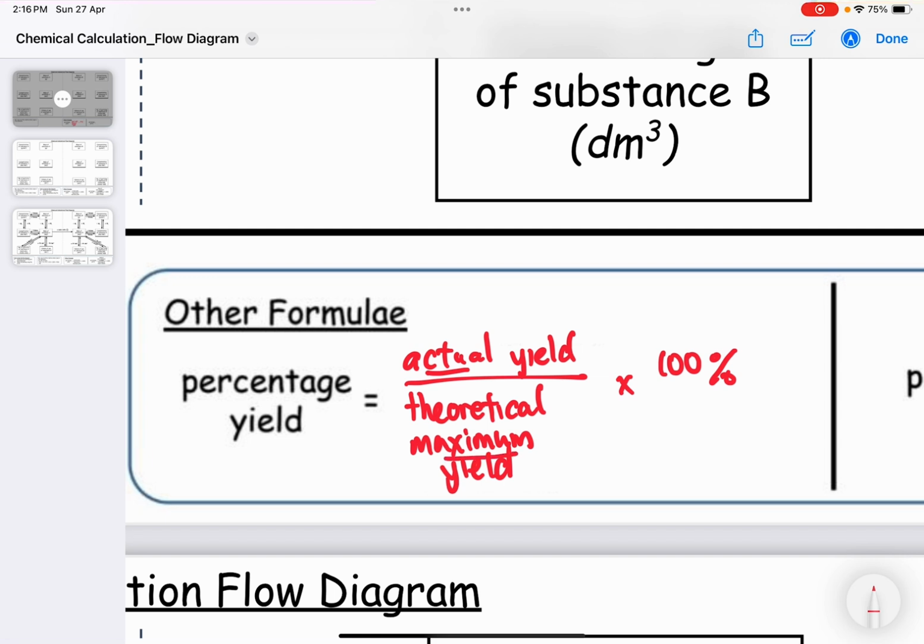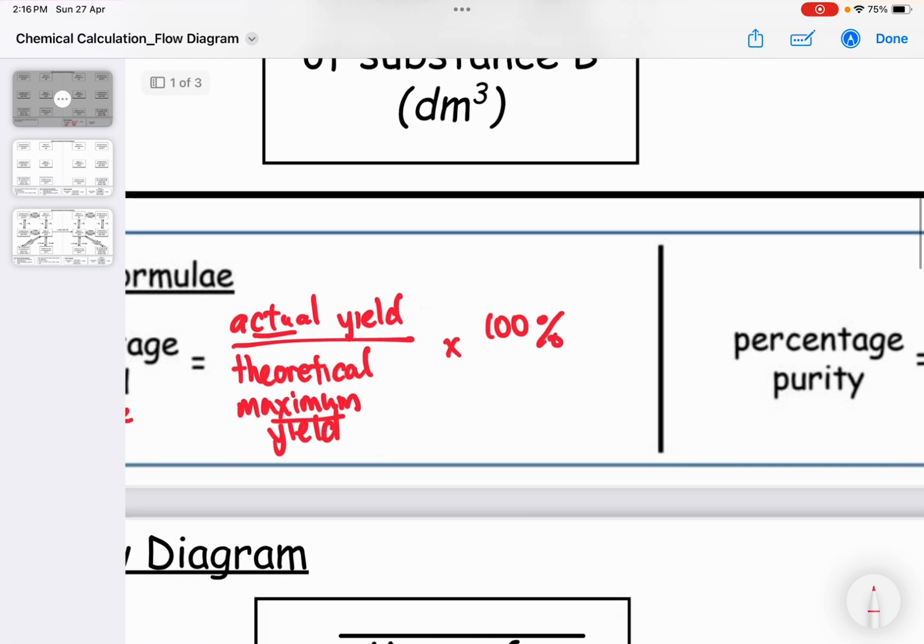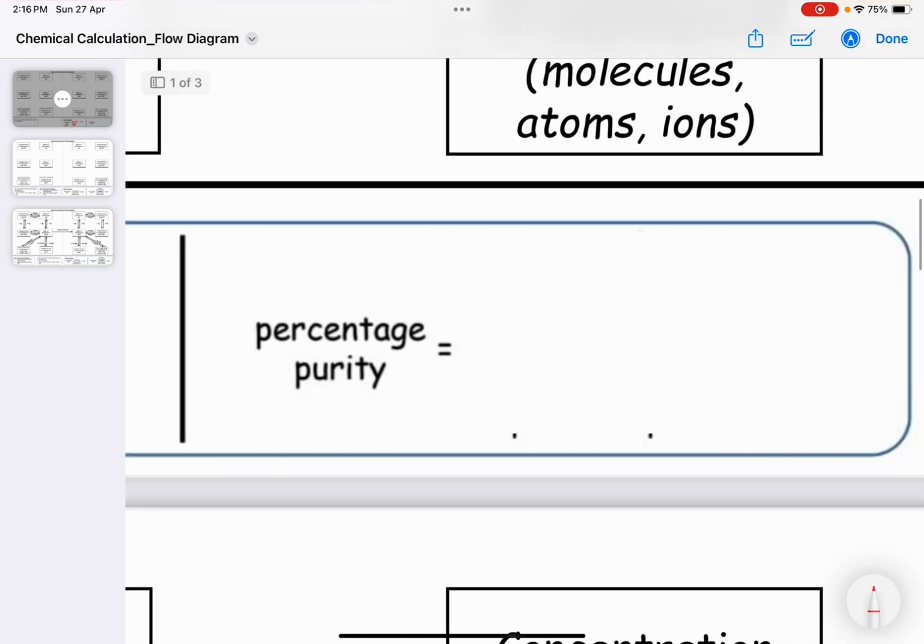Now, take note, the percentage yield will always be less than 100%, or equal to. It will never go beyond 100%. Now, how about percentage purity? How do we go about finding it?